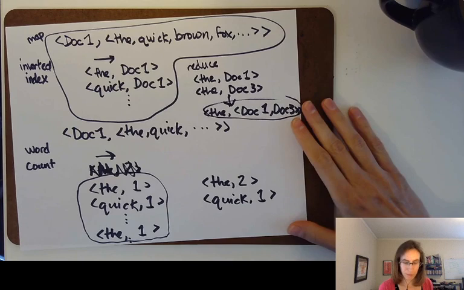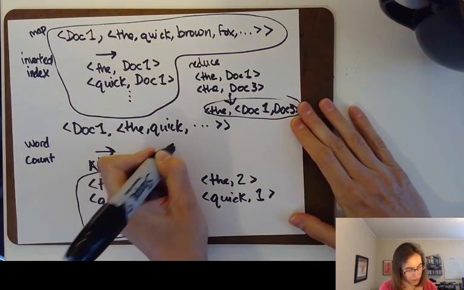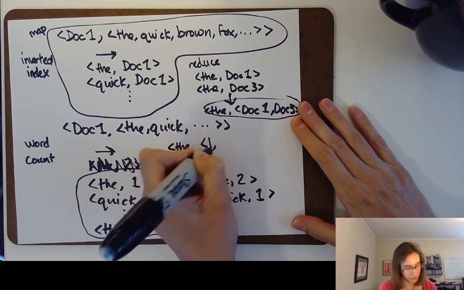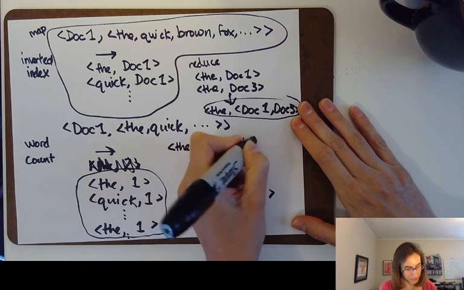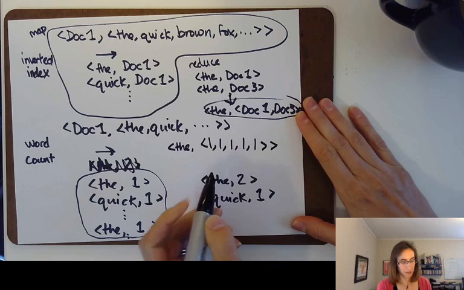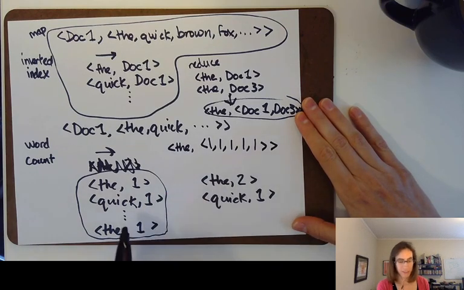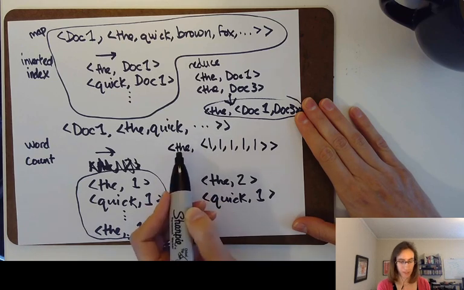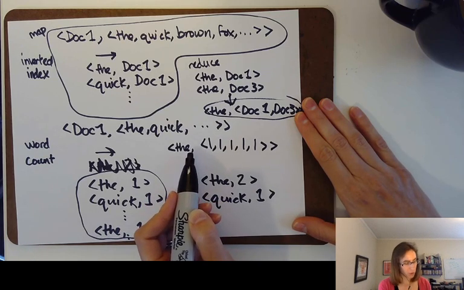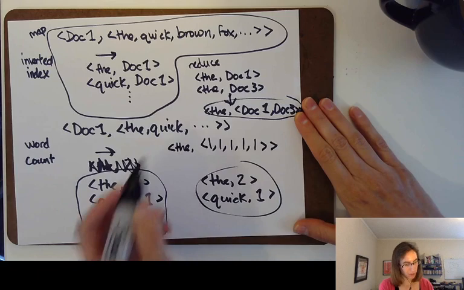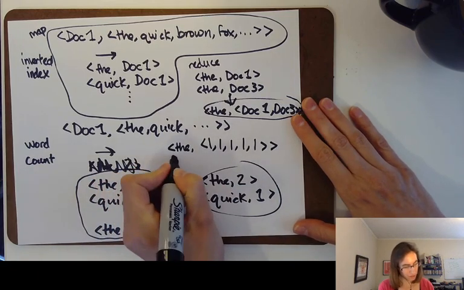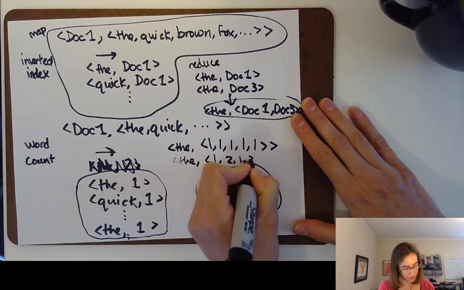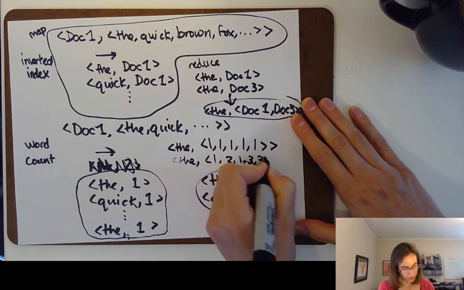Right, yeah, it might be something like "the": 1, 1, 1, 1, 1. Because the map function emitted "the" and 1 every time it saw the word "the," right? Or if it had done this optimization, maybe you would have some other numbers in there. So you might have "the": 1, 2, 1, 3, 3, etc.